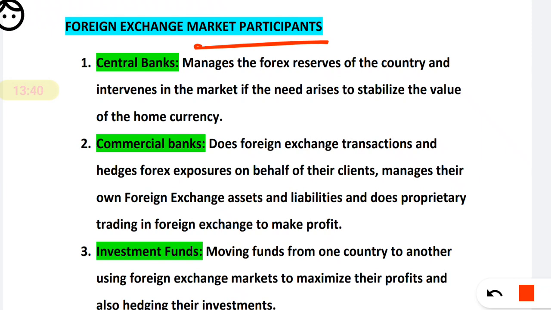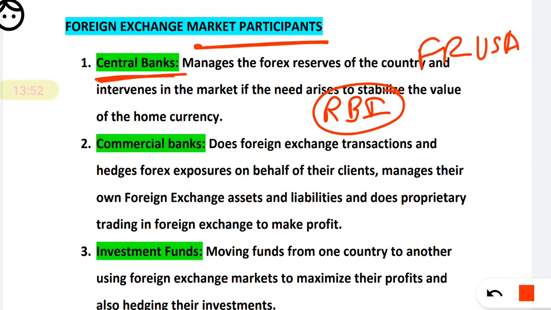First, very simple, the central bank. Obviously the central bank of each country, say RBI for India, and for America it is the Federal Reserve for the USA. So the central bank of each country plays an important role in forex. Why? Because we know RBI holds the foreign currency.